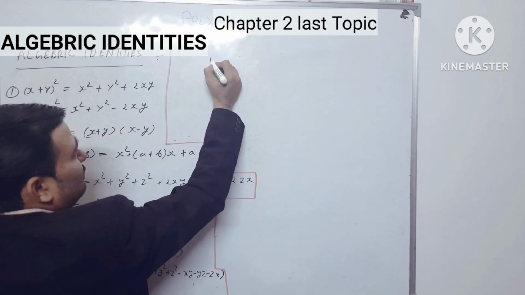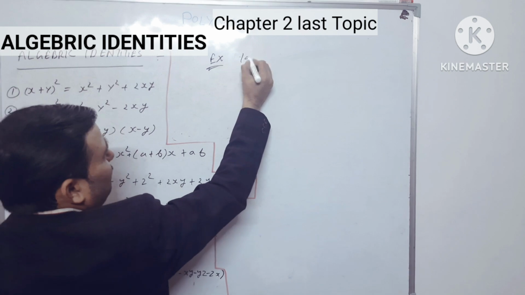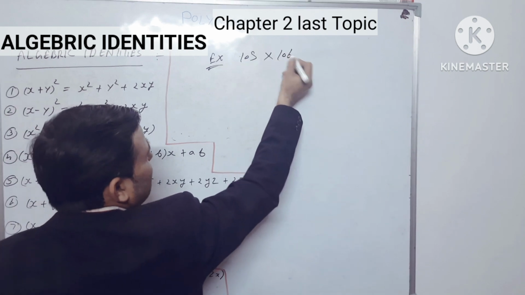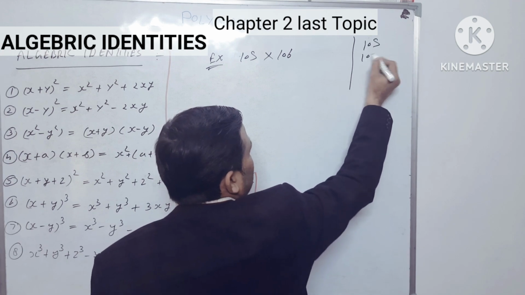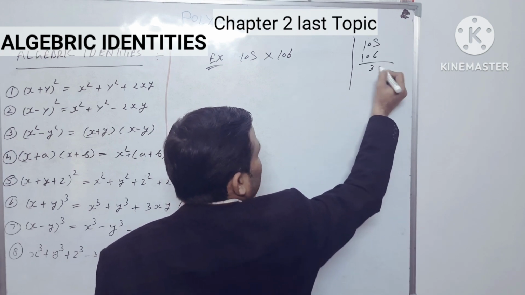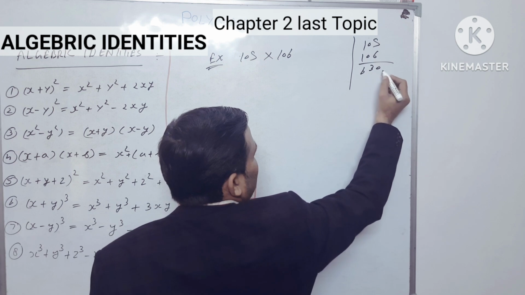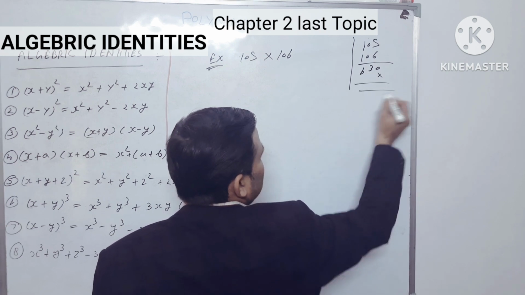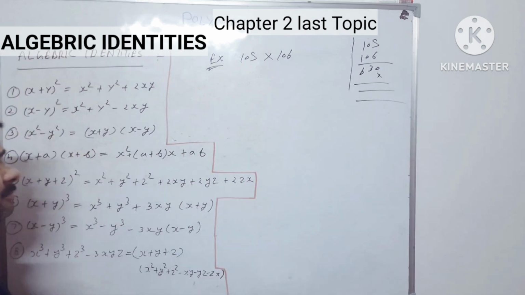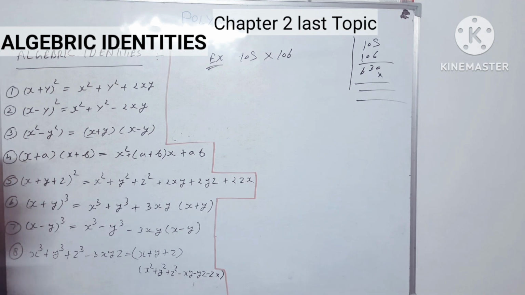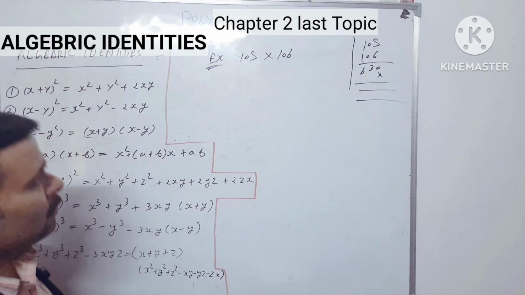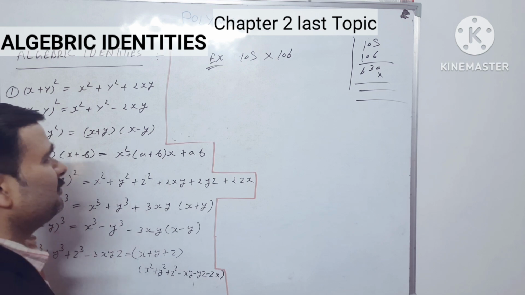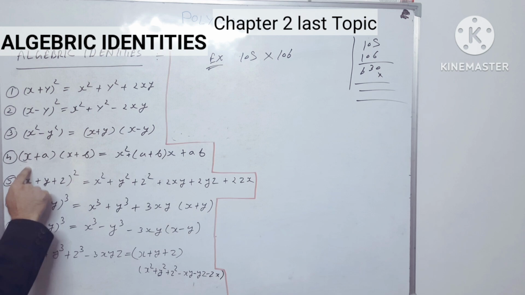Suppose we have a number like 105 multiplied by 106. We have a traditional method where we multiply 105 into 106 and write it down. But if someone tells us to find the value of this term without multiplying it, then we will use these algebraic identities.